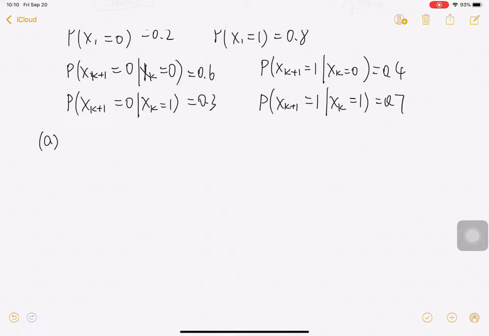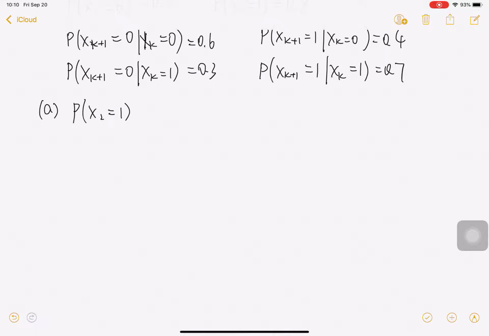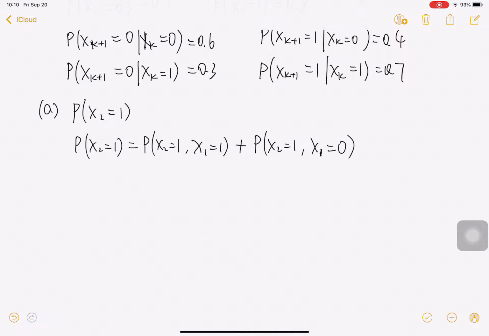The first question, A, is the probability of x2 equals 1. This is an easy question because we can separate the event x2 equals 1 into two cases. We have the probability of x2 equals 1 and x1 equals 1, plus the probability of x2 equals 1 and x1 equals 0.